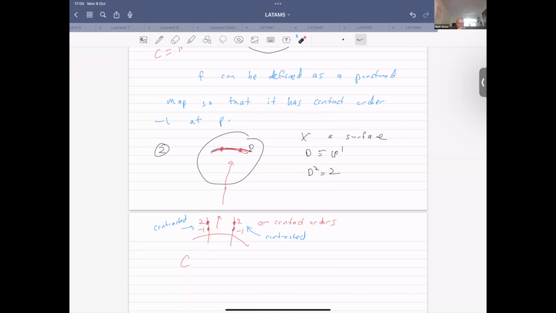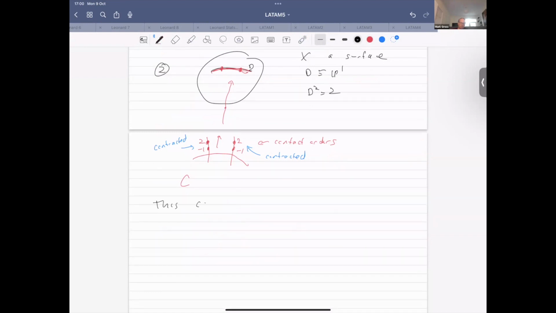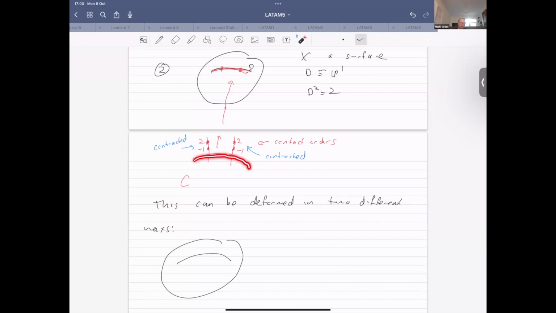Okay. Now, this can be deformed in 2 different ways. So the first way is that I can simply deform the image of this irreducible component of the curve. In other words, I can deform the curve here, and I still have these 2 components being contracted.